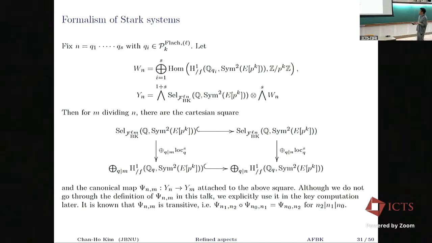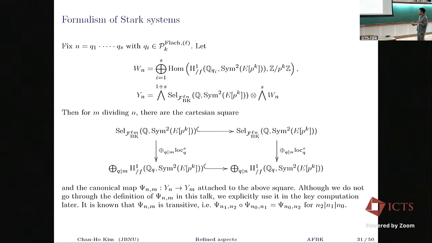And here's the formalism. Fix n, the product of s Flach primes, q_1 to q_s. And W_n is the dual of this local singular quotient. And Y_n is the wedge product of the Selmer group, L n relaxed, tensor the wedge product of s copies of W_n.